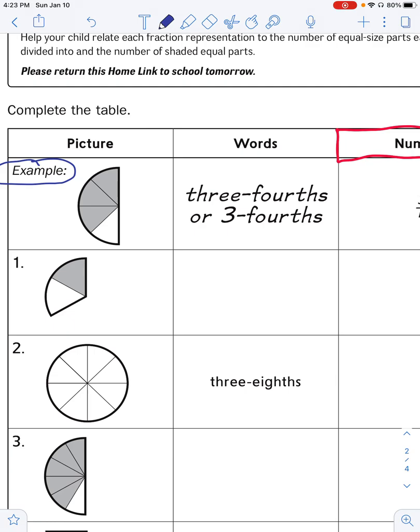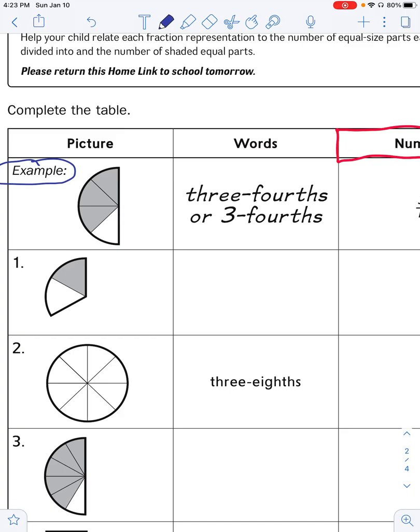So I know that all of these pieces are going to have a 4 on the bottom because remember, the bottom number or the denominator is the total number of equal parts that make up the whole shape.